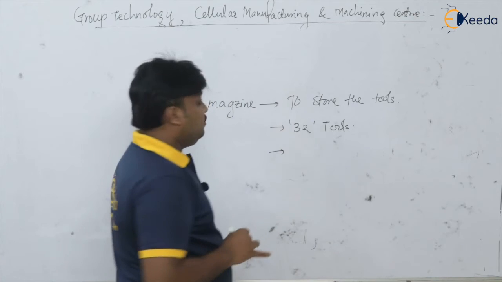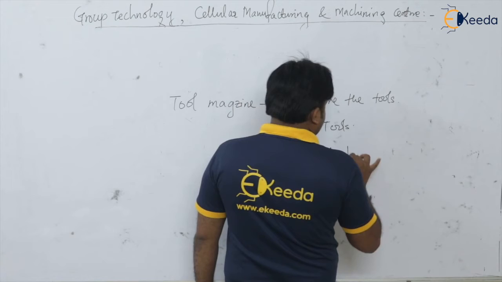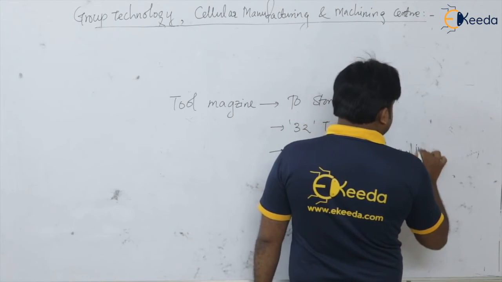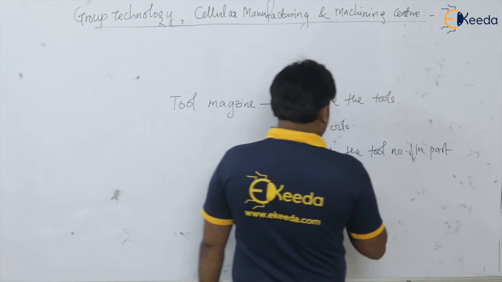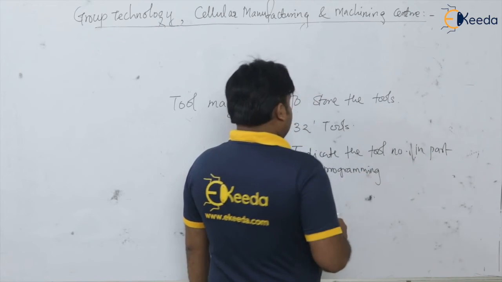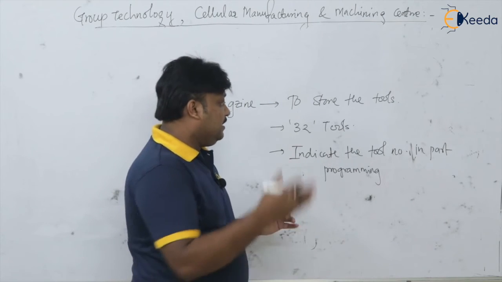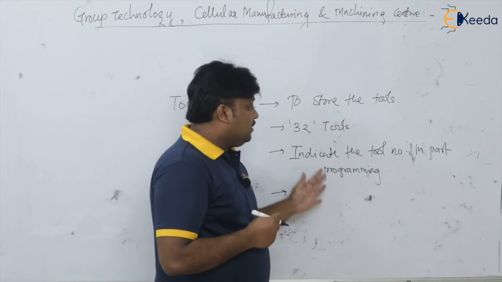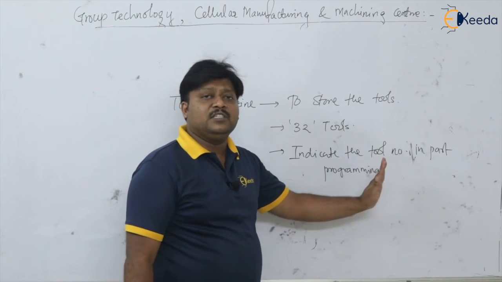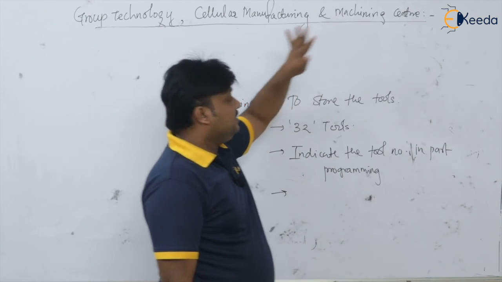Whenever you require, you just indicate the tool number in the part programming. Whenever the number is there, the existing tool will go to its position, and the new tool comes into the tool holder at the new position, so that you can have the machining with that new tool. So this is about the machining center.